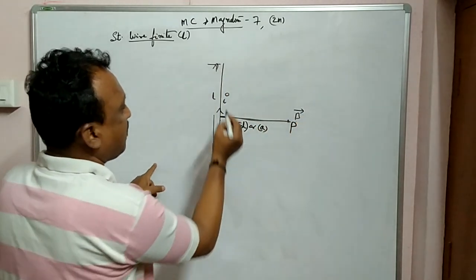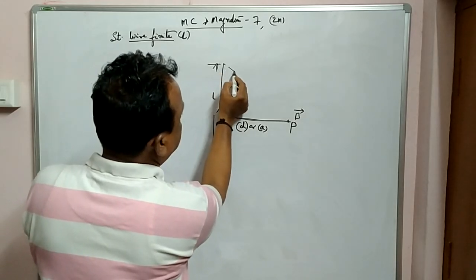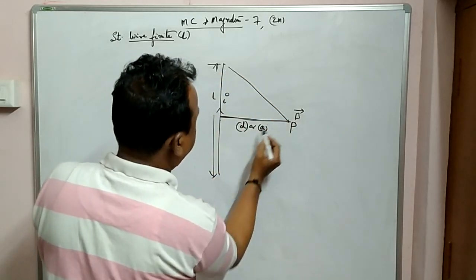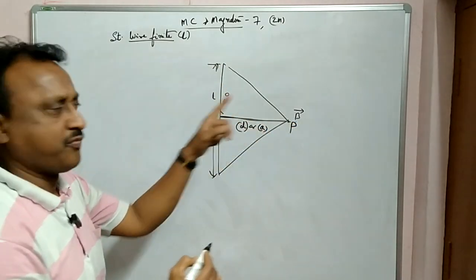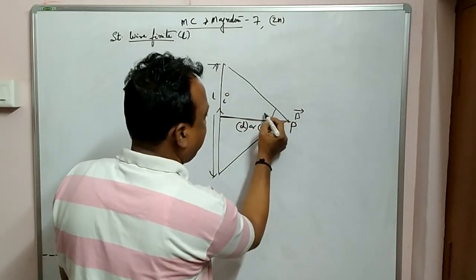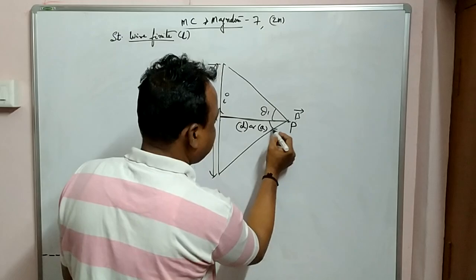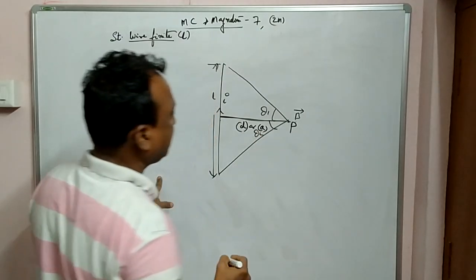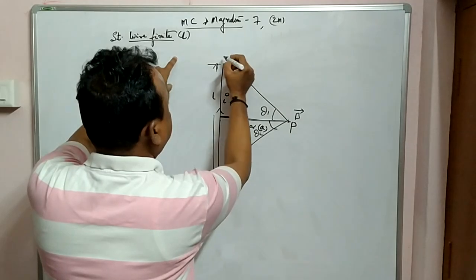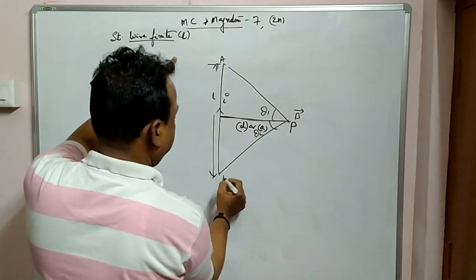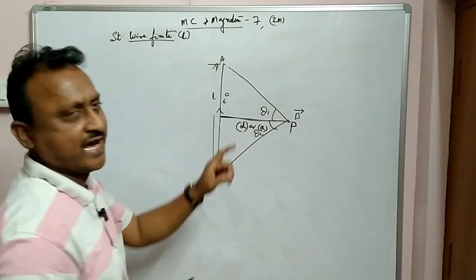In such cases, what you will do is drop two lines from the end points. This is the theta 1 angle, this is the theta 2 angle. Theta 1 is the angle for the first one. Let's name the points P, A and B. Theta 1 and theta 2 are the angles.